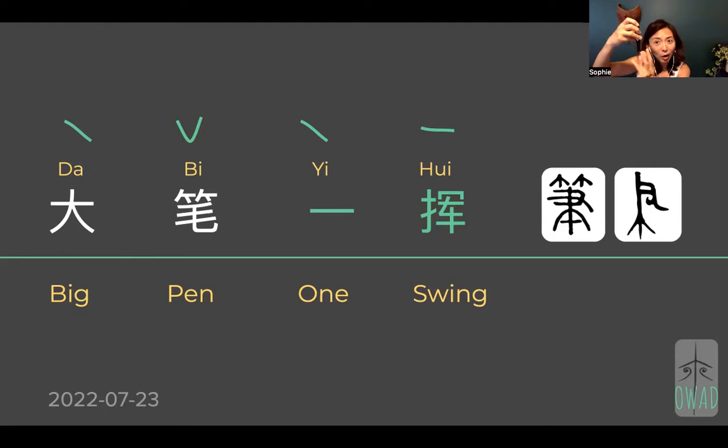Because more hairs are held here, so it has to be a thicker tube of bamboo. 大笔 simply means bigger gauge, more hairs in the brush, used to write bigger characters. And 大笔 and 一挥, one swing. So it's just like that. So that's the concept of 一挥.